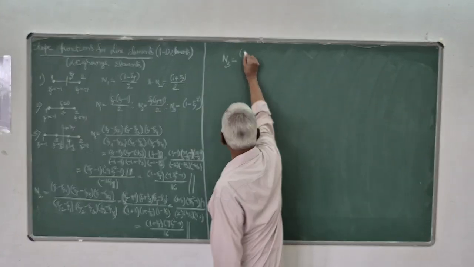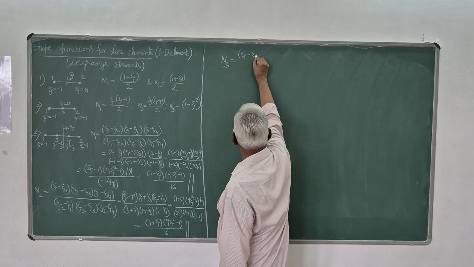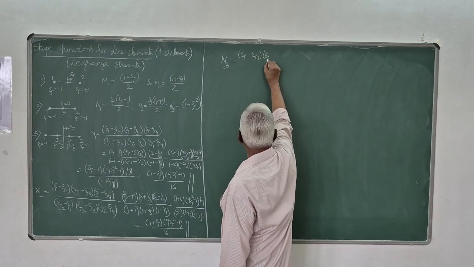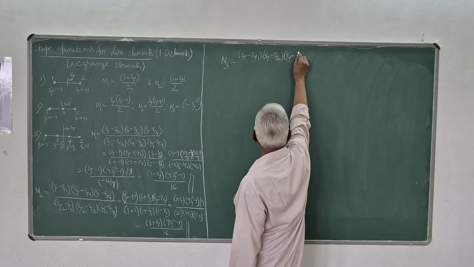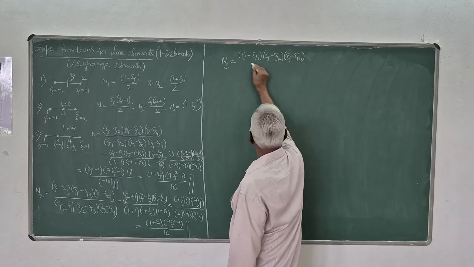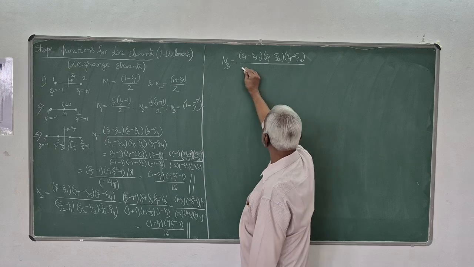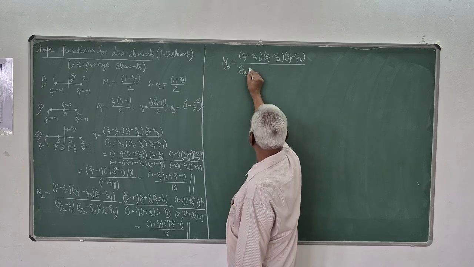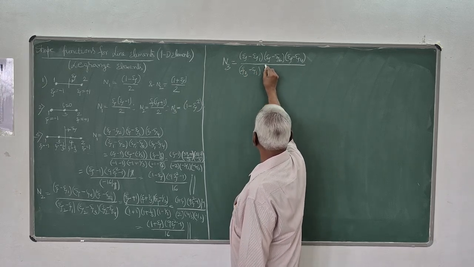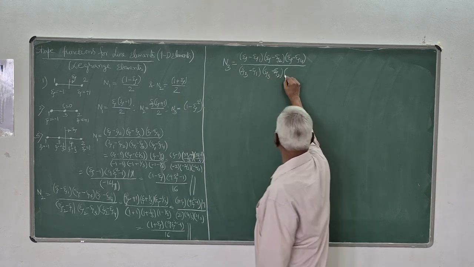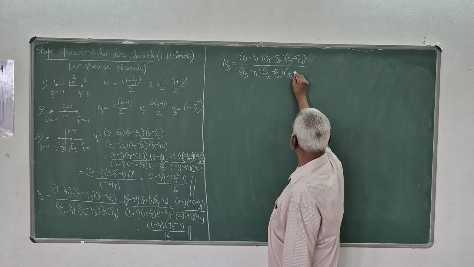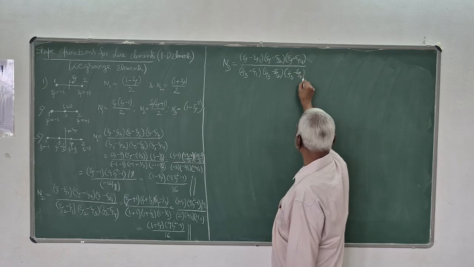N3 is equal to (psi minus psi 1), (psi minus psi 2), (psi minus psi 4) divided by (psi 3 minus psi 1), (psi 3 minus psi 2), (psi 3 minus psi 4).